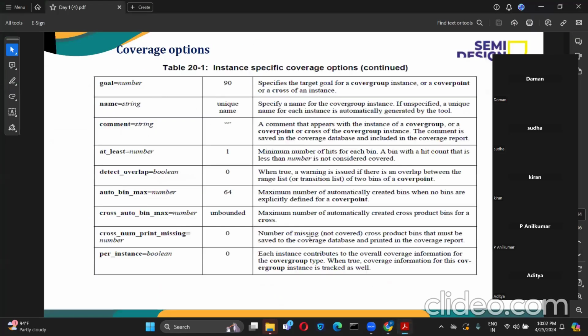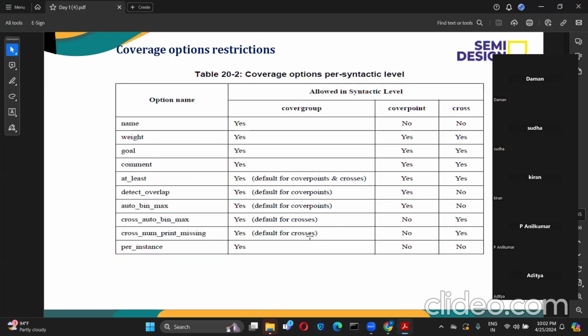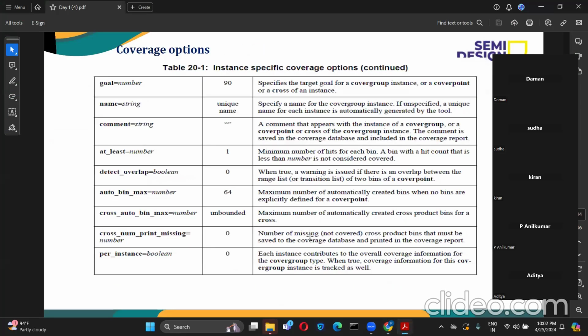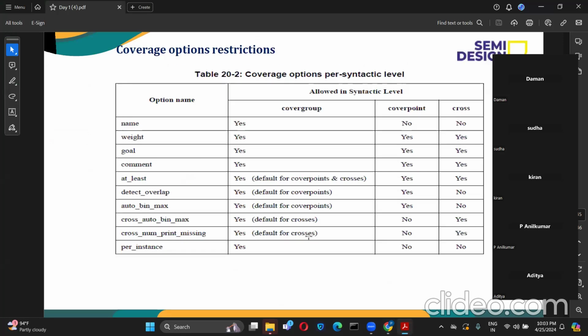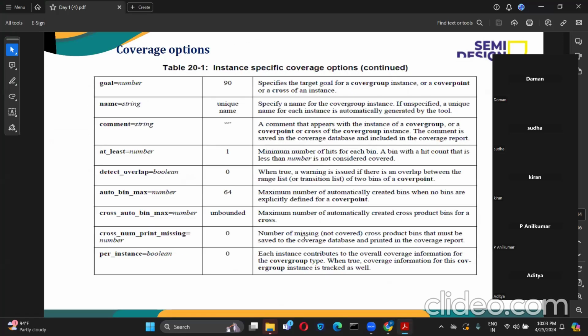There are some 3 more slides, then we will end the session. Here there is something called coverage options. Someone asked me what per instance means. We are giving option.per_instance equal to one in all our code, so why is it? There are different coverage options available.